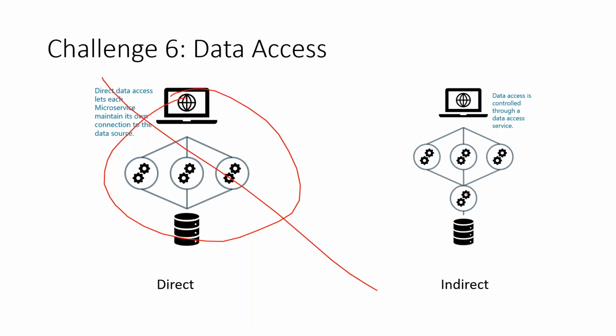Rather, it prefers indirect access through a data service that is brokering data access to a database. So what you end up doing is you write a data access service that other services then call, and that data service is the one that's going to broker data access. There are also a lot of other trade-offs for this. This is generally going to be better and more secure, because you have data credentials only in a single data service, rather than trying to configure all your different services for every possible database that they might use.